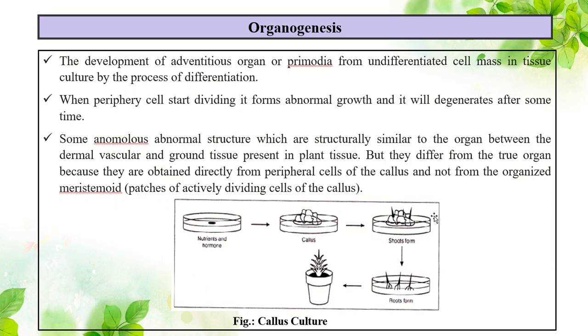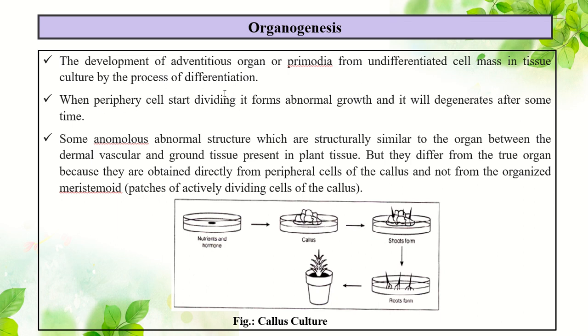You can see the same in callus culture formation up to here, and then after shoot generation, this shoot is cut and put into a rooting medium. This procedure is followed in all culture techniques, but it requires a different nutrient medium for different explants.